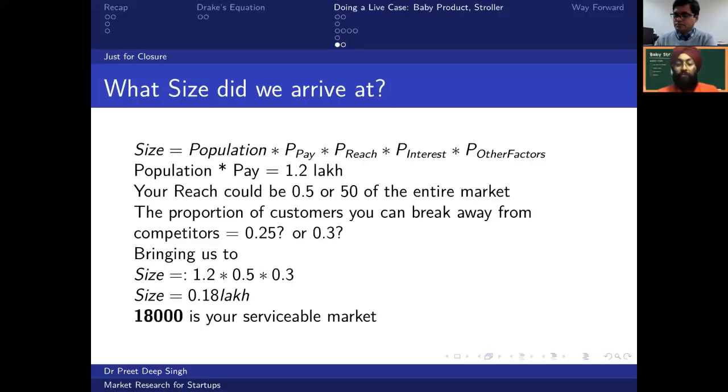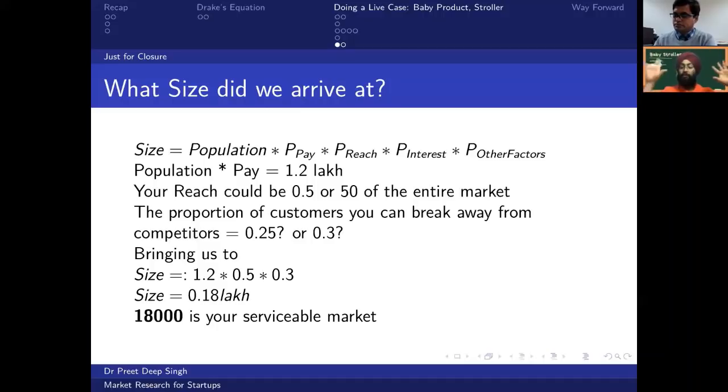Think of any number. Think of it as 0.25, 0.3, whatever. You know, 0.3 is a big number, by the way, in your first year, right? So that gives you a total serviceable market of 18,000. This is the number. Take a moment, absorb this slide. 60,000 is the total market that you are reaching.